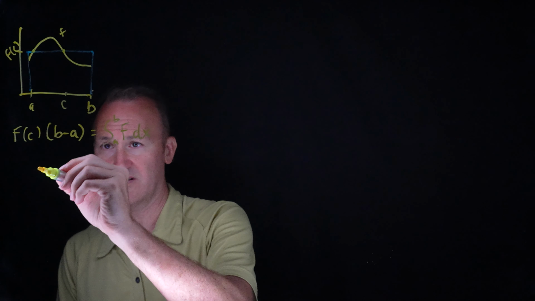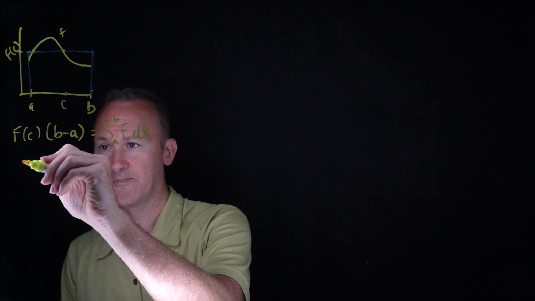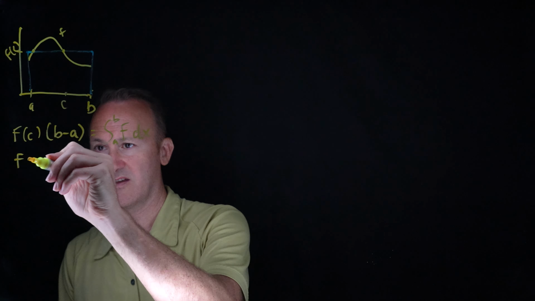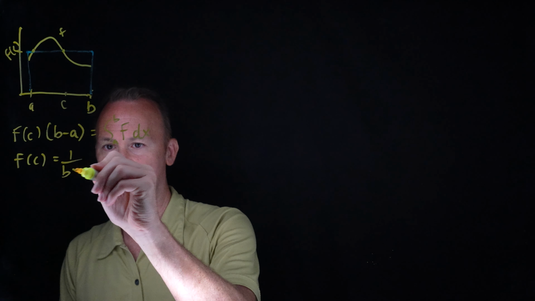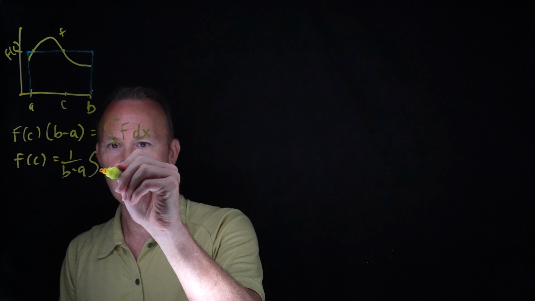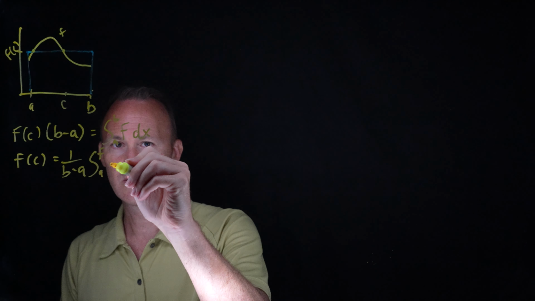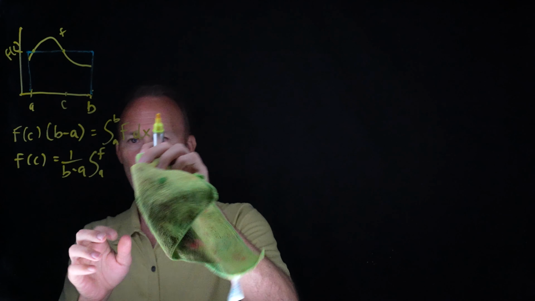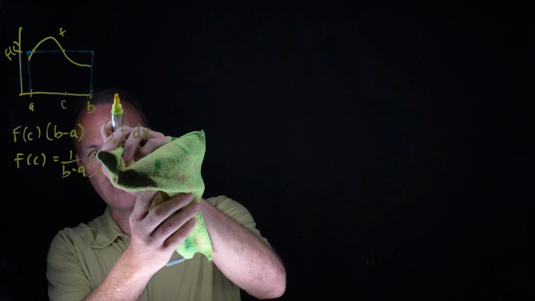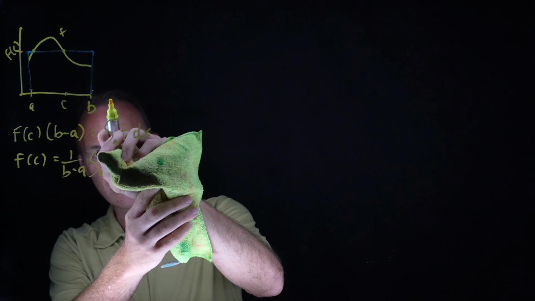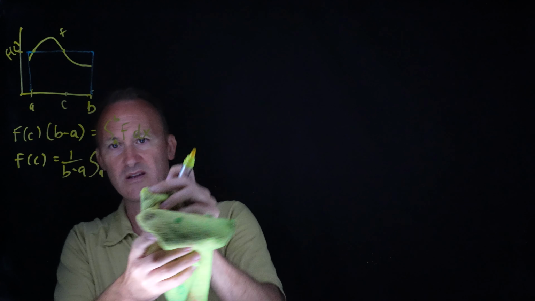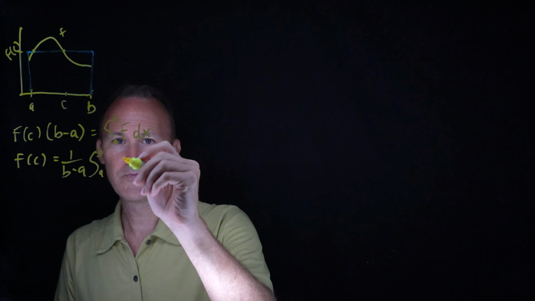And there's even additional interpretation to this. So you can also say f of c equals 1 over b minus a, integral from a to b of f dx. And when you do that, it's saying the same thing, and it is suggestive though.